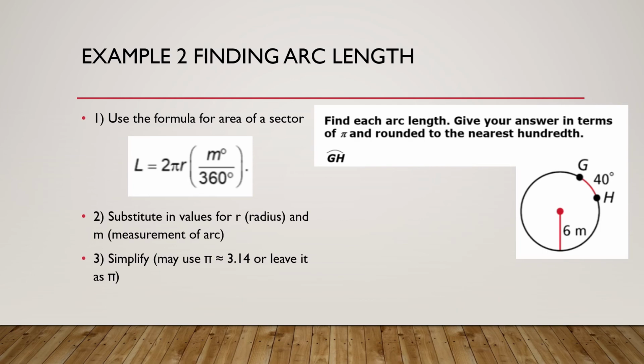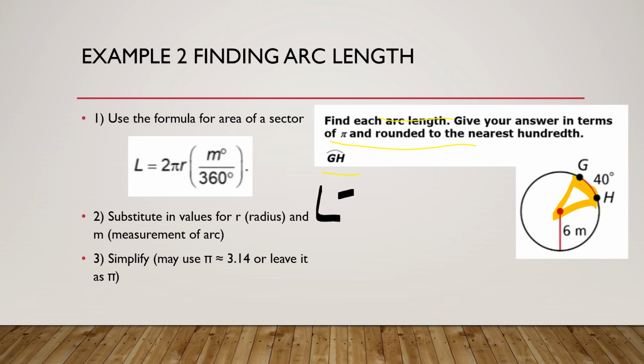Okay, our next one, again, we have our formula. This time we are finding arc length. Again, we're rounding, and this time it's G to H. So we're going from G to H. So it's if we're using just this piece here for my arc. So again, we would write down the formula.